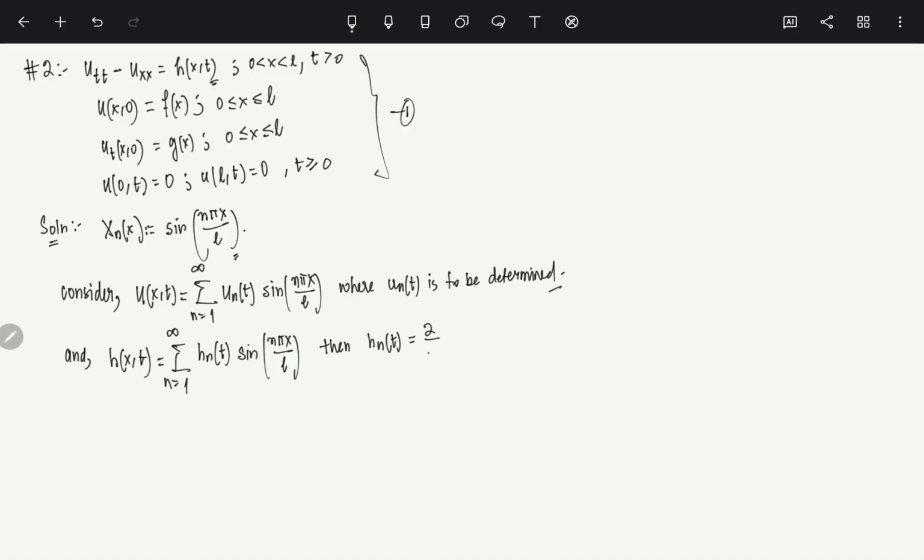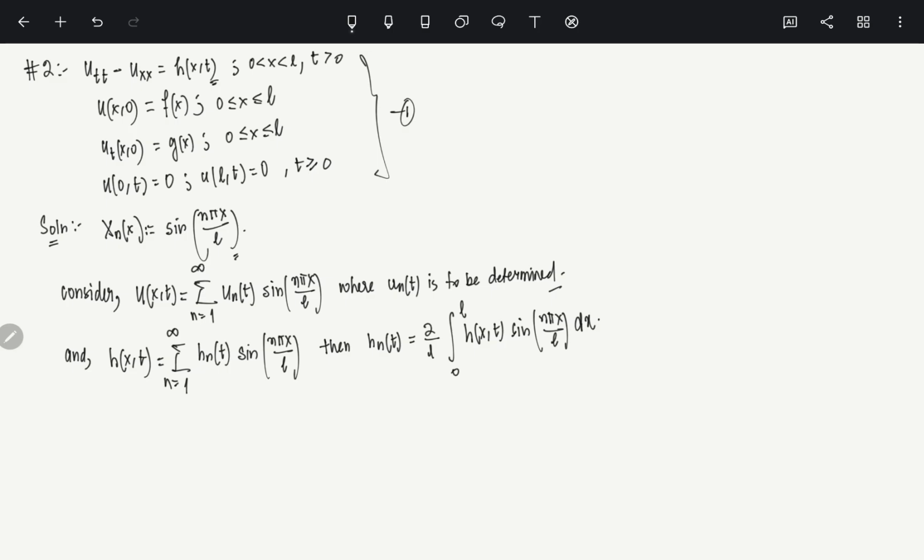It is 2 over L, the integral from 0 to L of h of x,t times sine of n pi x by L dx. For each t you can do it, and then consider it as a function of t. Very simple.